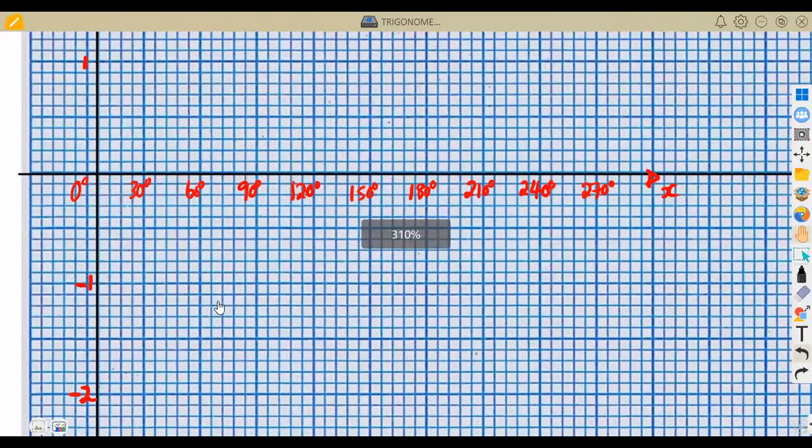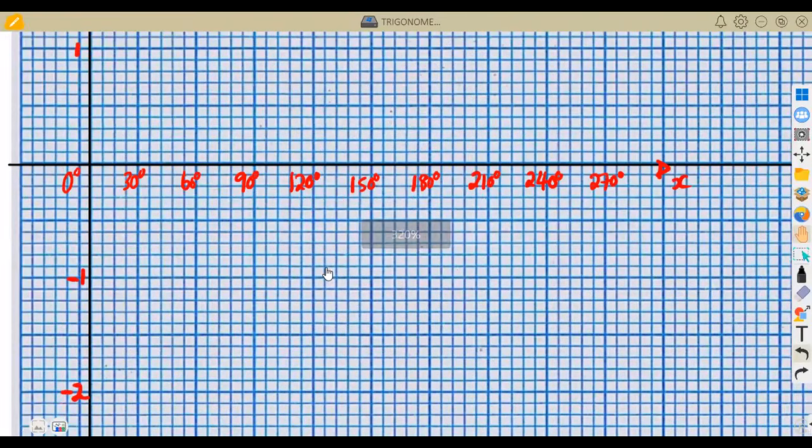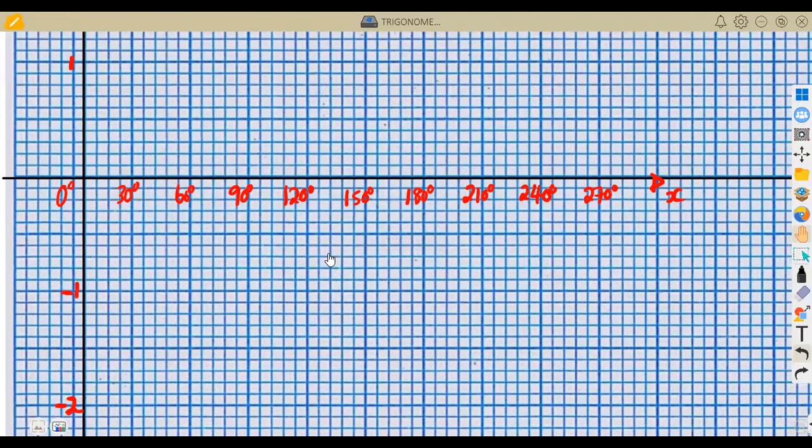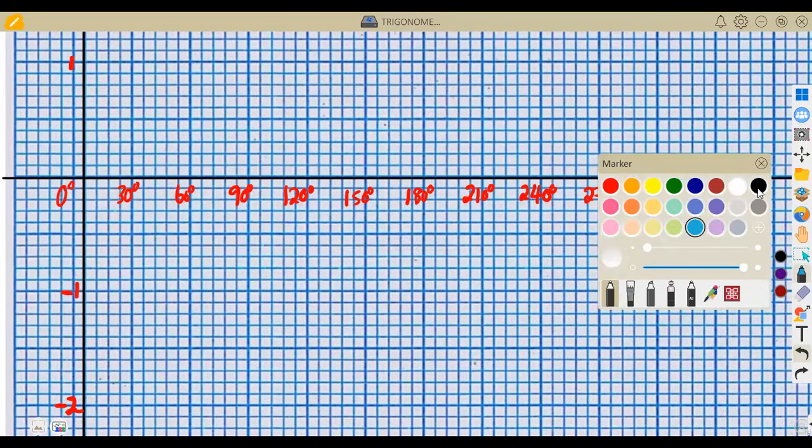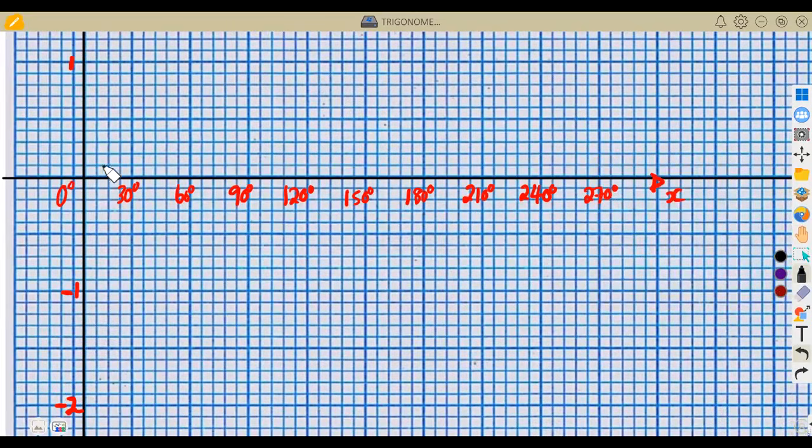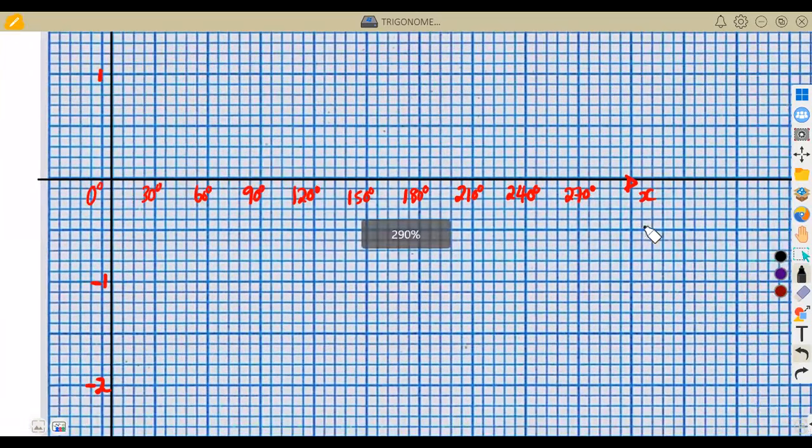I have chosen that the first five boxes represent 1, 2, 3, 4, and so on. So we are counting the 5 boxes, which means this line of mine is just a little bit shifted. It's supposed to be directly at 5.